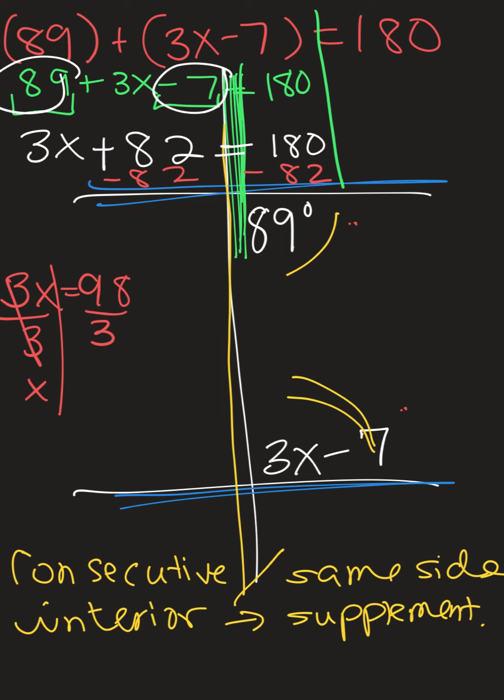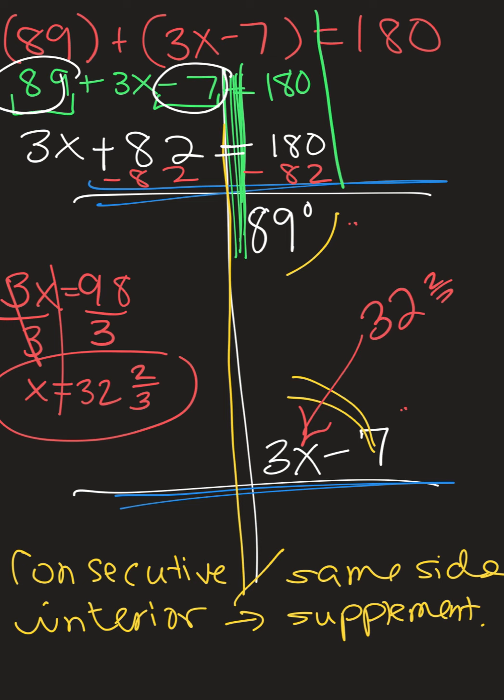And 98 over 3 gives me 32 and 2/3, okay? Because 3 times 33 gives me 99. So if I'm one short of that, that means I have 2/3 left. So x, right here, is equal to 32 and 2/3 degrees.